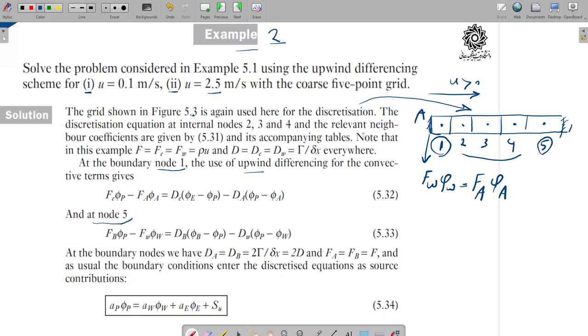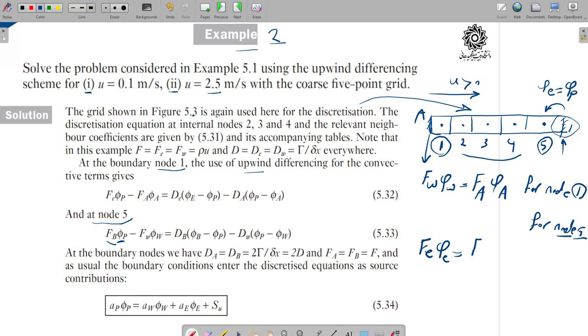At node 5, F_e phi_e, for the upwind scheme, phi_e equals phi_P. Therefore, for node 5, it equals F_B phi_P minus F_w phi_w, plus the right diffusion term.